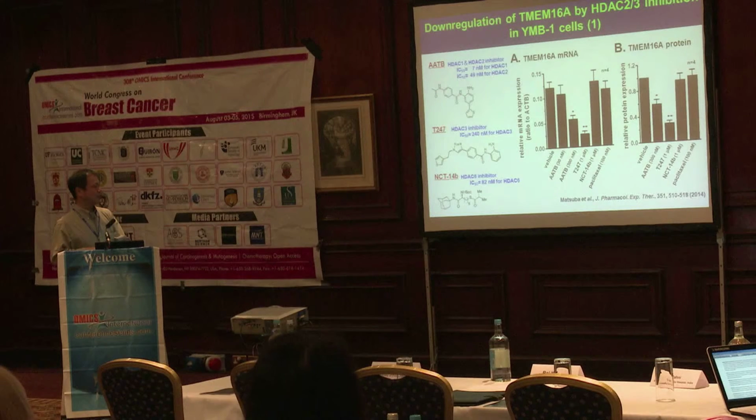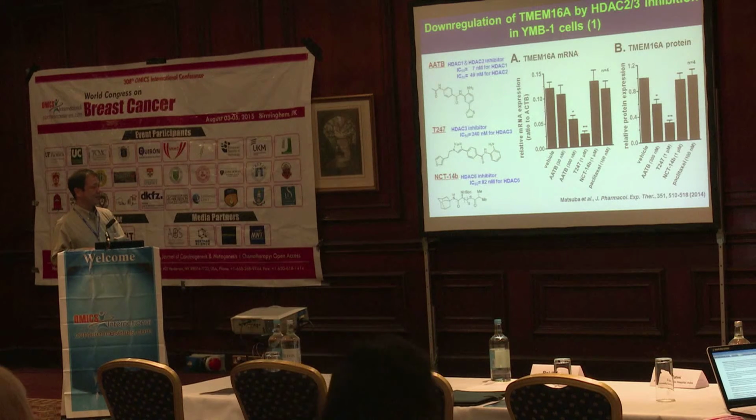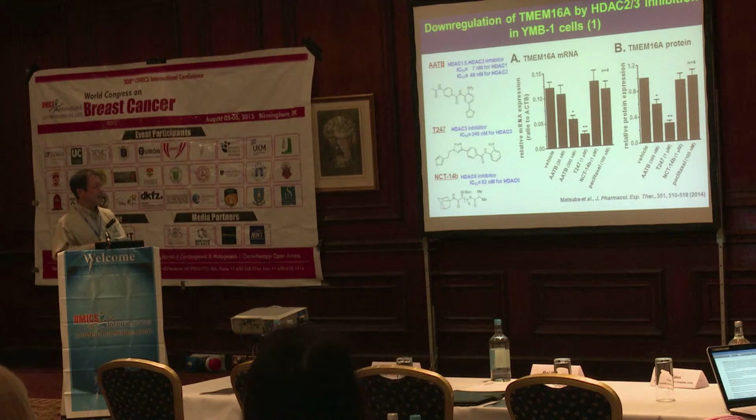T247 is selective for HDAC3, and the NCT compound is selective for HDAC6. Pharmacological blockade of HDAC3 by T247 induced a large decrease in 16A expression.